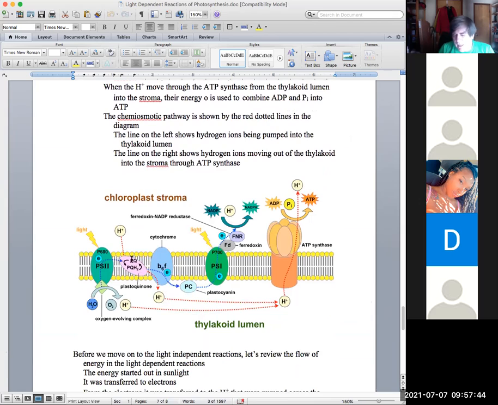Well, as the electrons are passed around between all those electron transfer proteins, so here's plastoquinone, PQ, the B6F complex, plastocyanin. As the electrons are passed along, some of that energy that they lose is used to pump hydrogen. And the hydrogen is pumped out of the chloroplast stroma. Remember, that's the fluid in the chloroplast. And it's pumped inside the thylakoid into that thylakoid lumen.